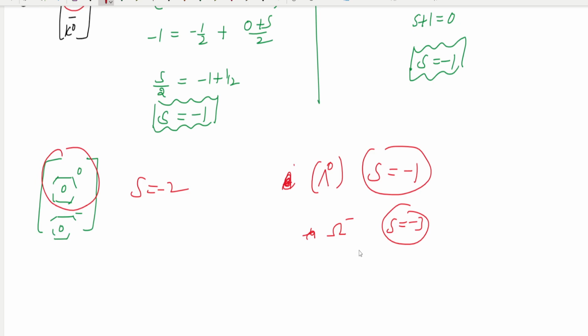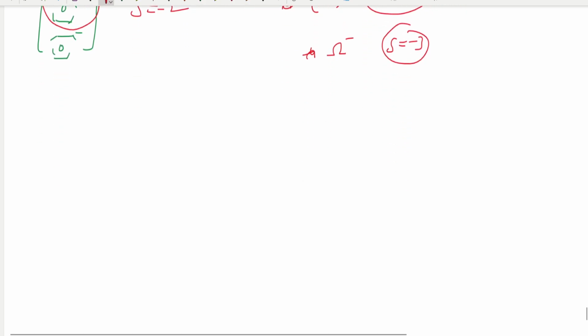Therefore, whenever you want to find the strangeness number of strongly interacting particles, you need to remember this.